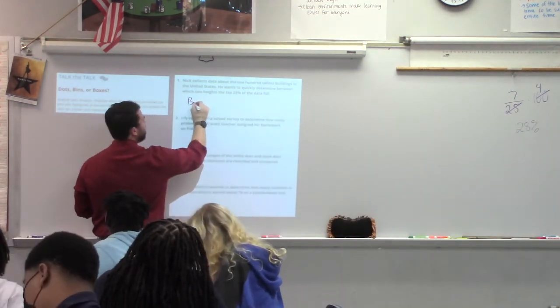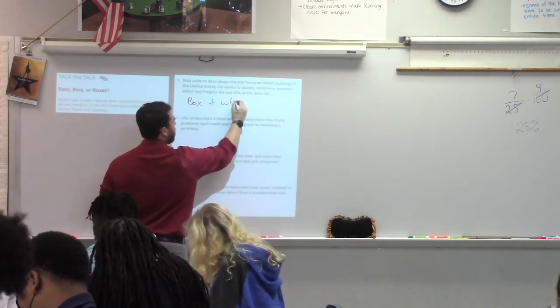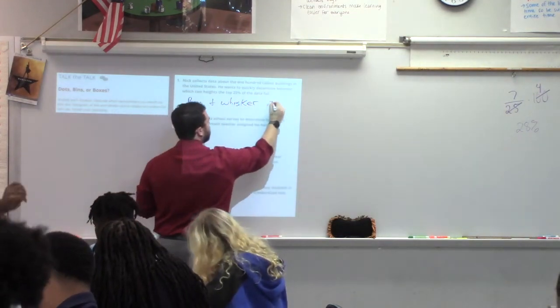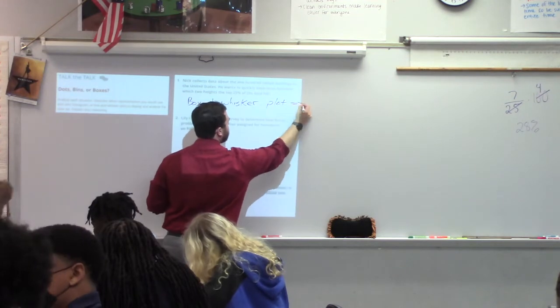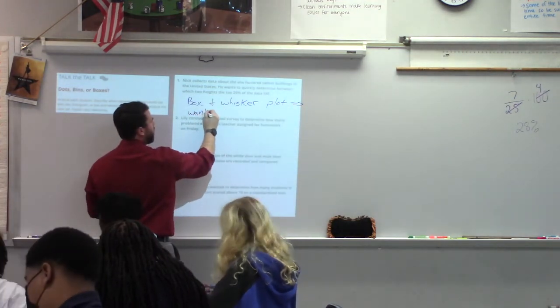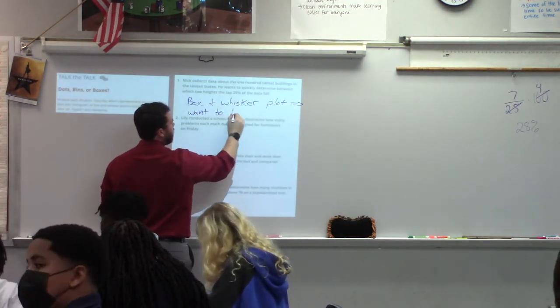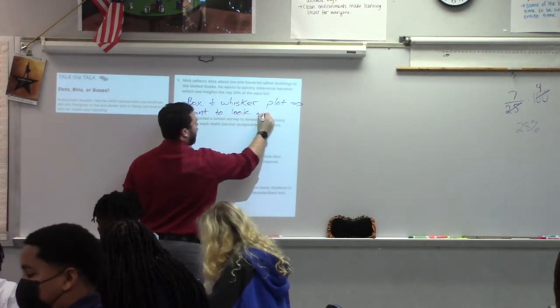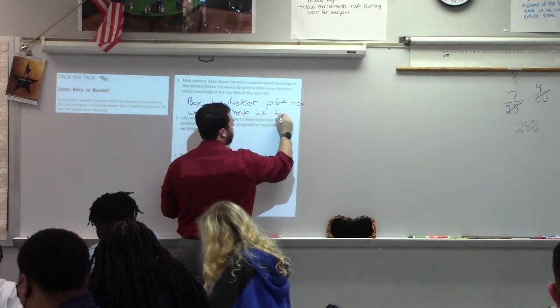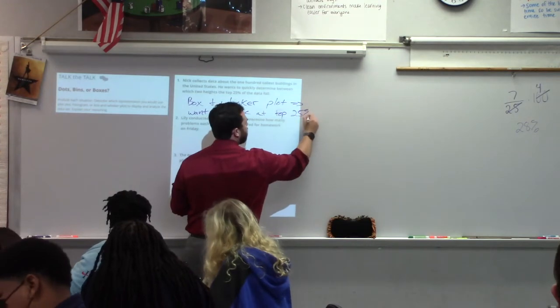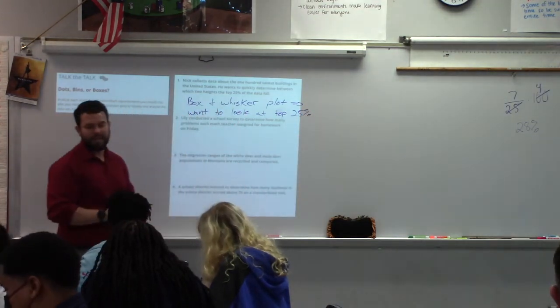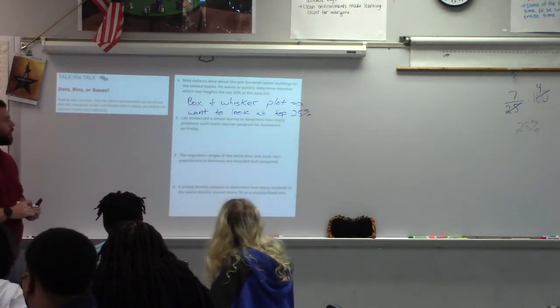Right, so box and whisker plot. We want to look at quartiles. We want to look at the top 25%. A box and whisker plot would be easiest to help you see that top 25%.